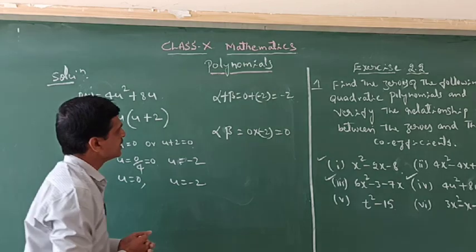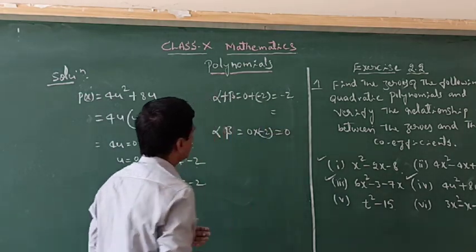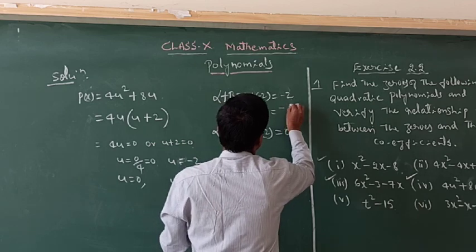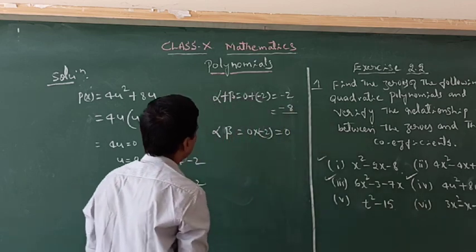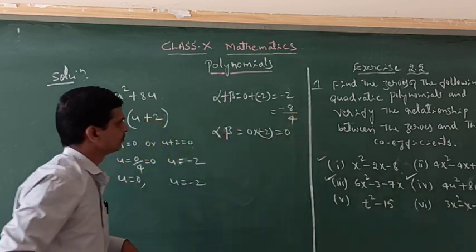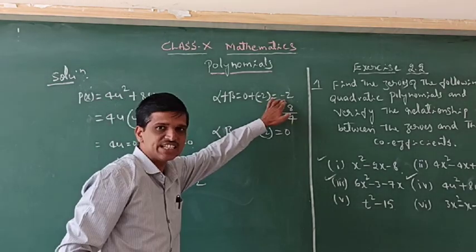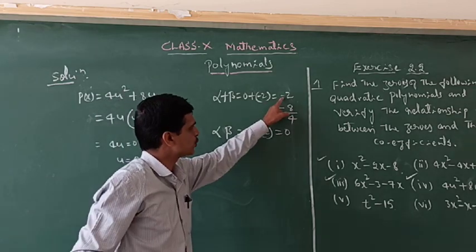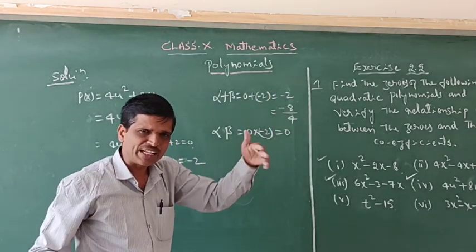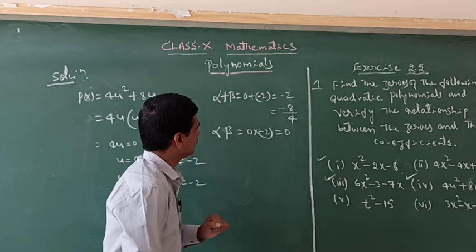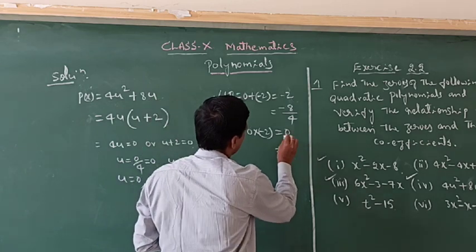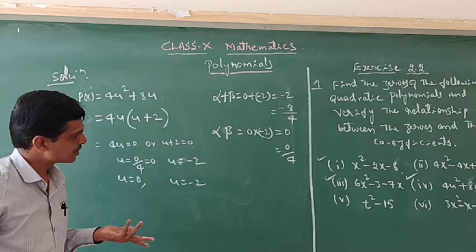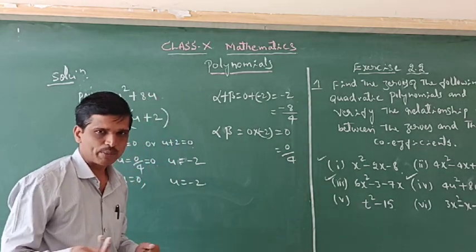Consider this can also be represented as minus of 8 divided by 4. I may write this integer in fraction form. Minus 2, its equivalent fraction may be anything, that is minus 8 by 4. In the same way, we can convert 0 as 0 by 4, because 0 divided by something is 0.